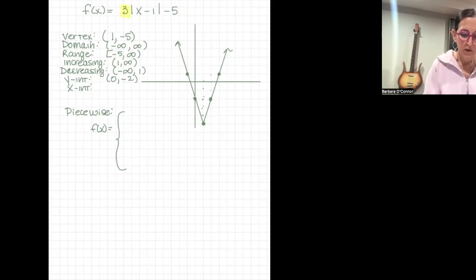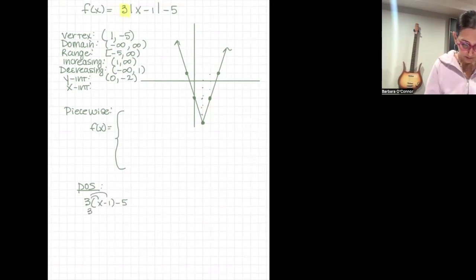For the piecewise function, I'm trying to find the two different equations for the positively sloped portion of the graph and the negatively sloped one. So let's first find the positive. I'm going to take +3, replace the absolute value bars with parentheses, and simplify.